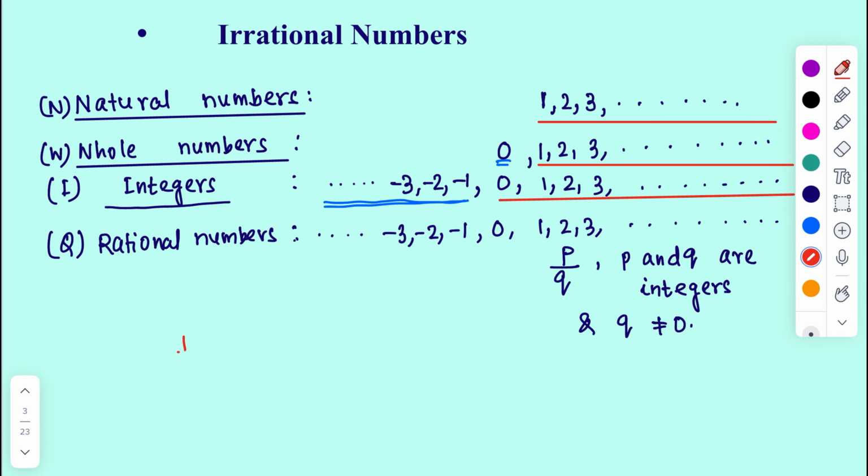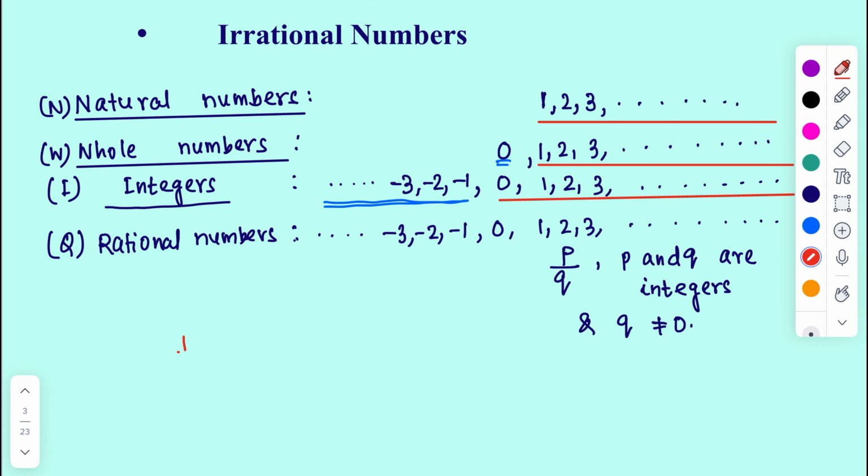That means numbers like 1 by 2, 2 by 3, 1 by 3 are rational numbers. Now we can express any whole number or integer as a rational number. Suppose we take the case of 3. 3 is an integer. We can write it as 3 by 1, which is a rational number.